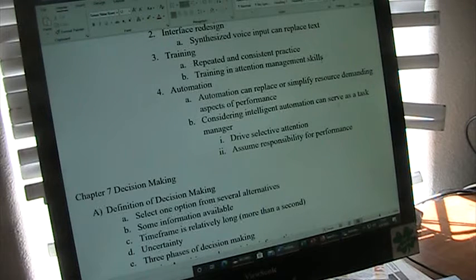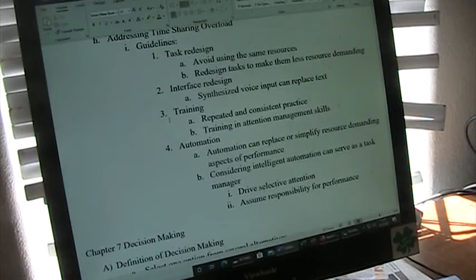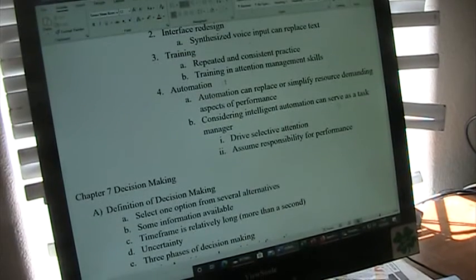Now, another way that we can work on our task redesign is using automation. If we can use automation, replacing or simplifying our resource-demanding aspects of performance, that is obviously going to make it much easier, right?